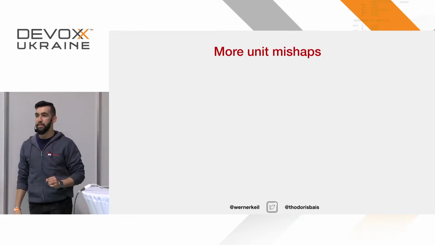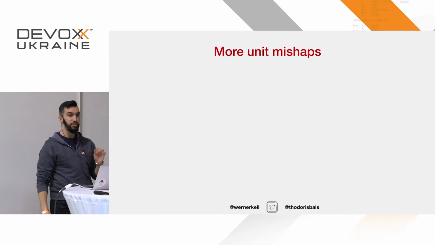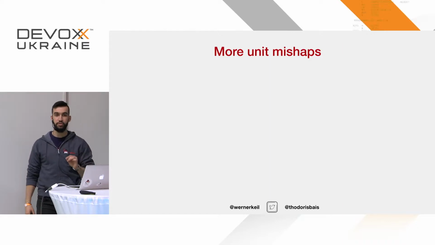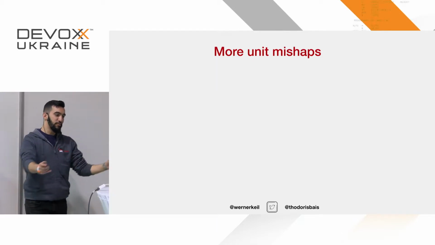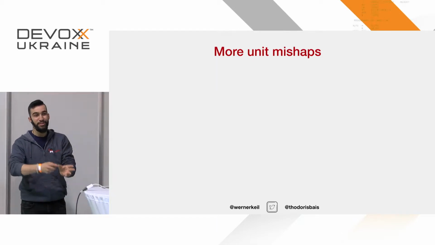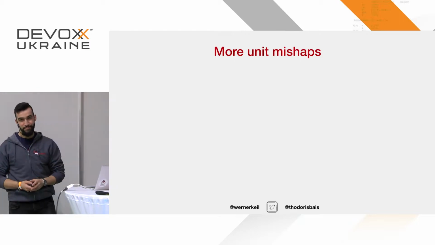However, that was not the only unit of measurement mishap in the history of humanity. There are even more. First of all, 12th of October 1492. What happened?